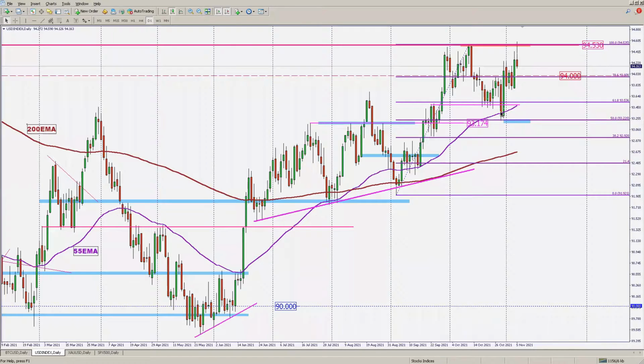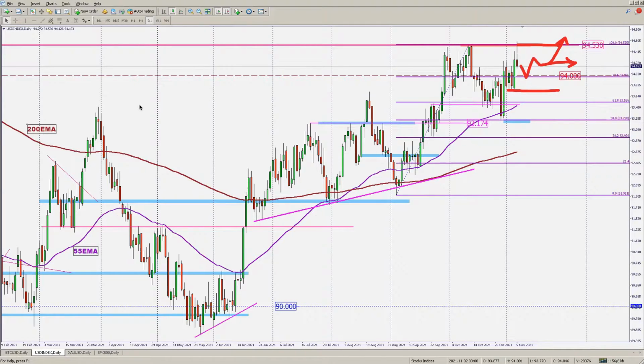So the US dollar can still break through later on if it's consolidating in this range and stays in this range. It could gain further momentum to break out higher.